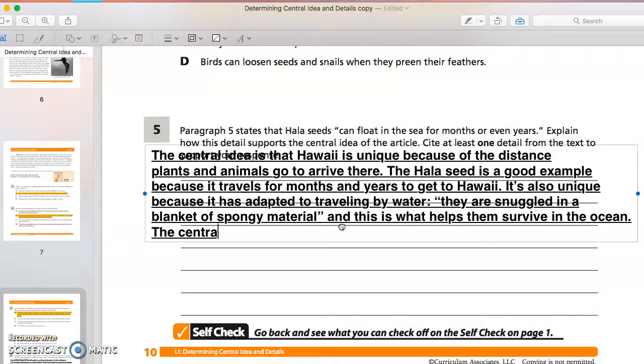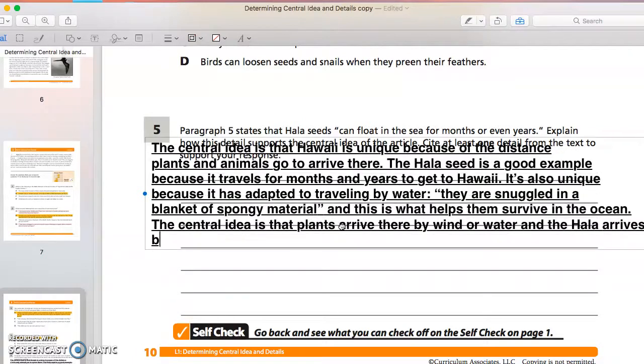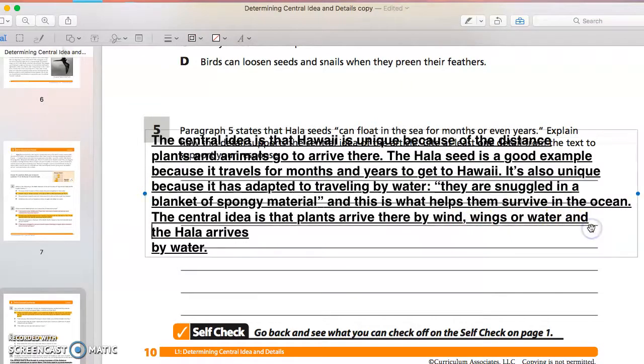The central idea is that plants arrive there by wind or water, and the challah arrives by water. Wind, wings, or water. And the challah arrives by water.